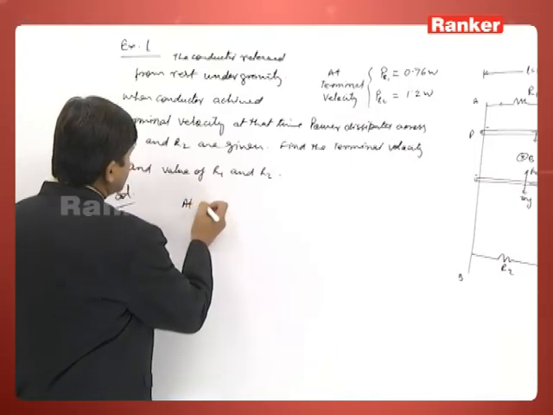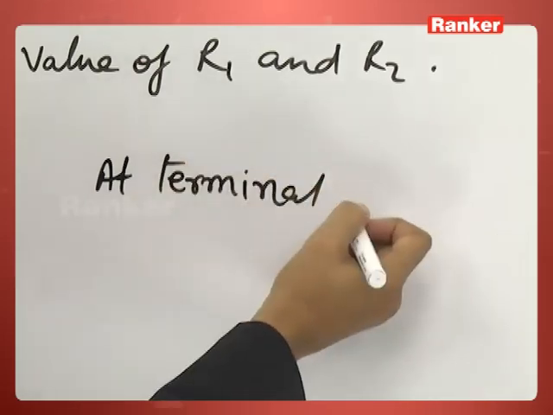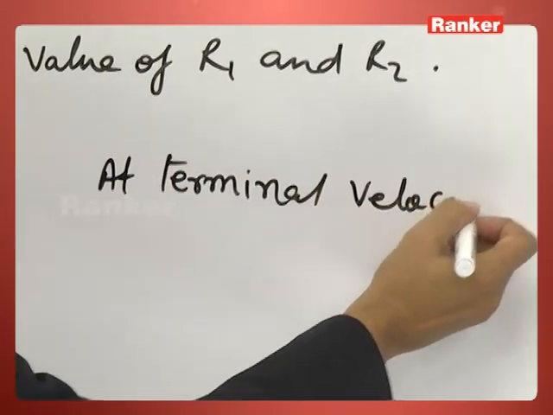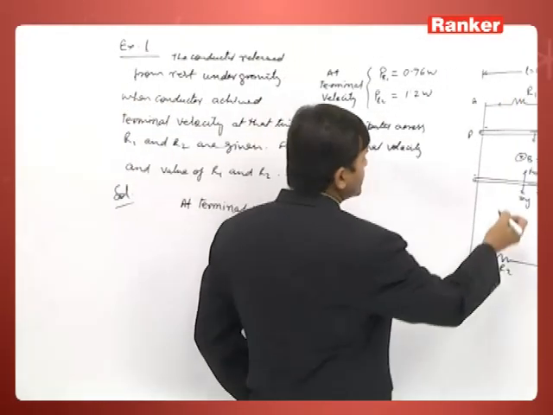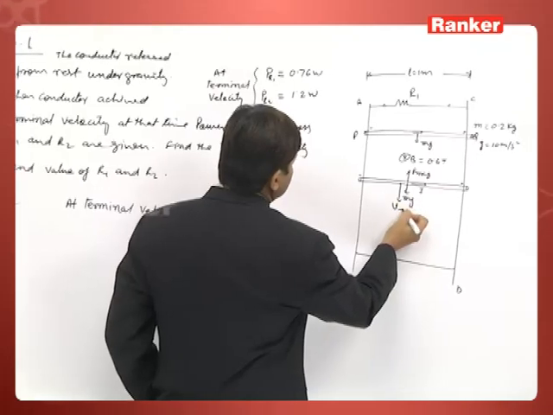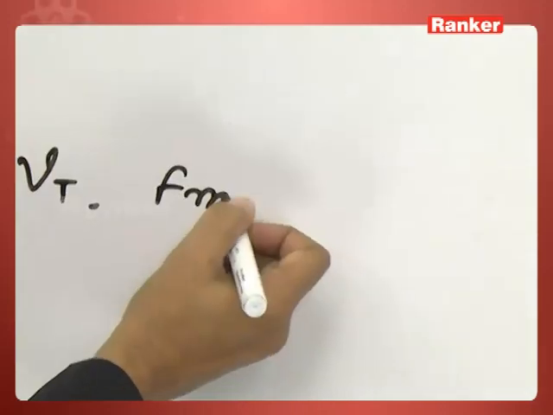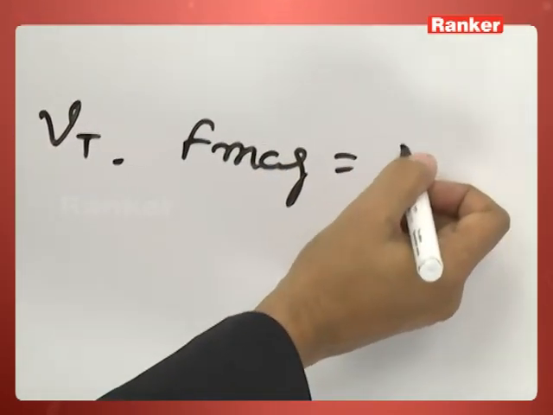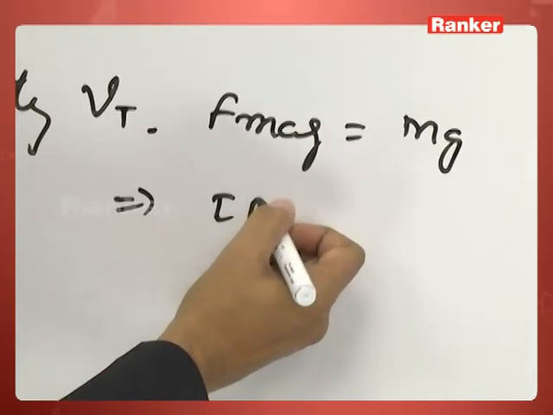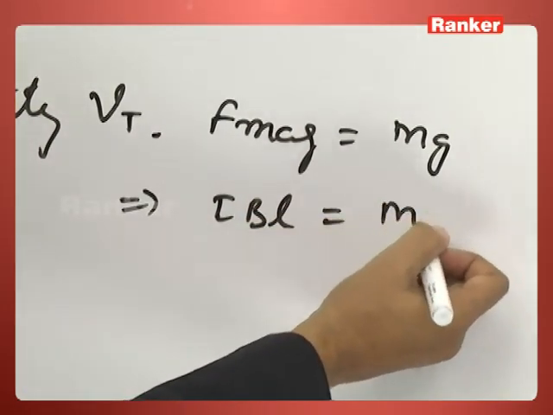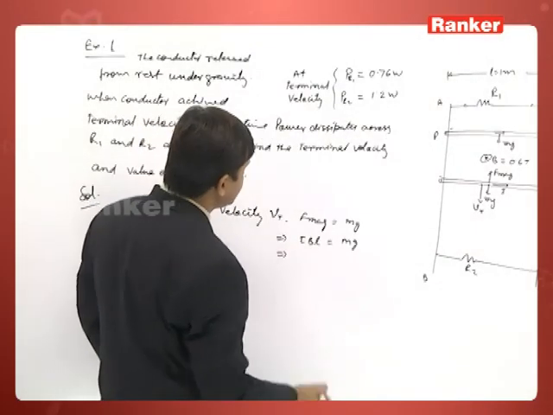So at terminal velocity, let's consider it as Vt. At terminal velocity Vt, the magnetic force F is equal to mg. Here the magnetic force is IBL, equal to mg, the weight, where I is EMF divided by the resistance.